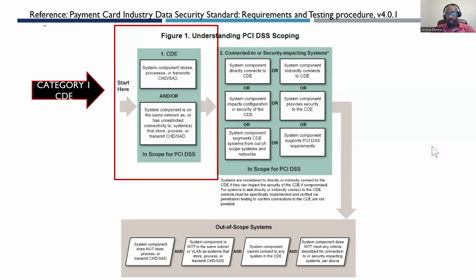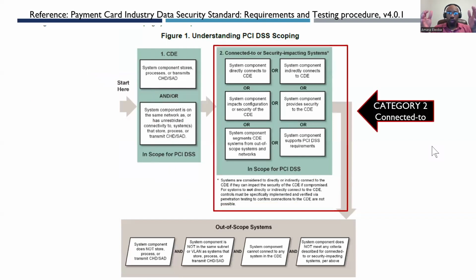Or any system that is on the same network as your CDE or has unrestricted connectivity to the systems that are processing, storing, or transmitting cardholder data and sensitive authentication data is in scope for PCI DSS. That's what I will consider a category 1 device.